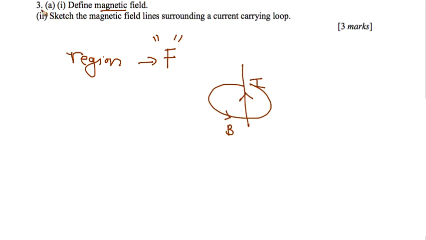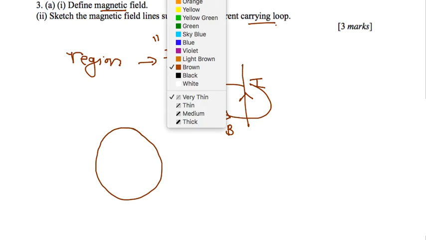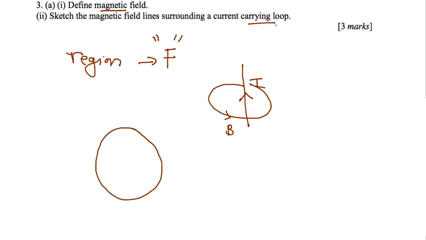Number 3.2, sketch magnetic field lines surrounding the current carrying loop. Let's say this is the loop, and this is the direction of the current flow.